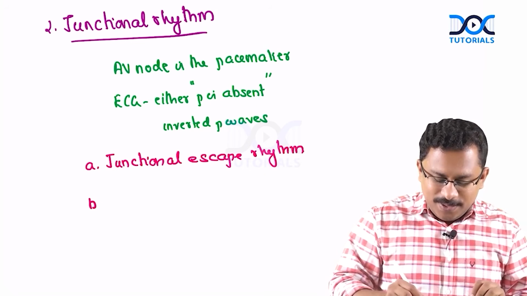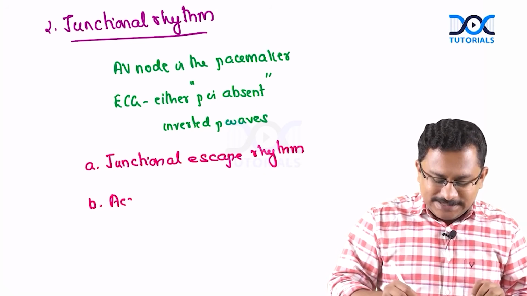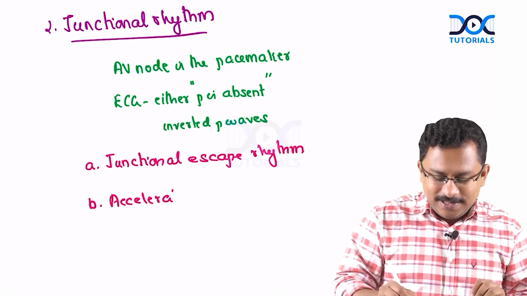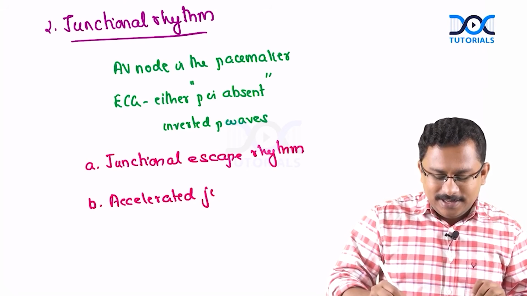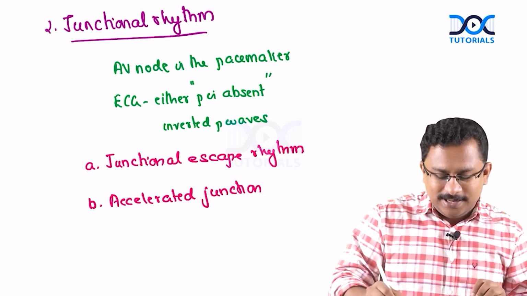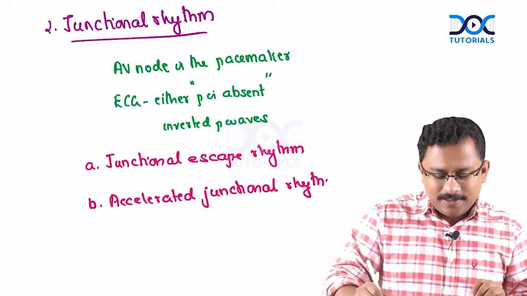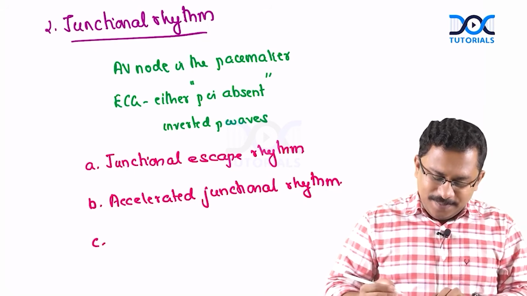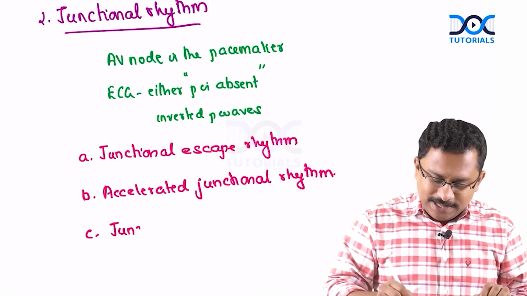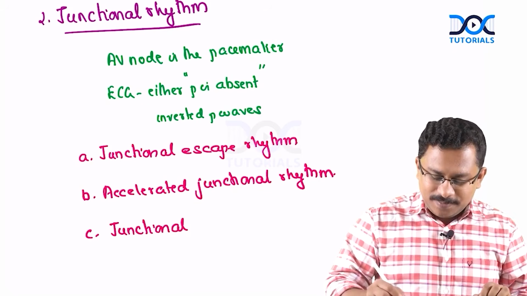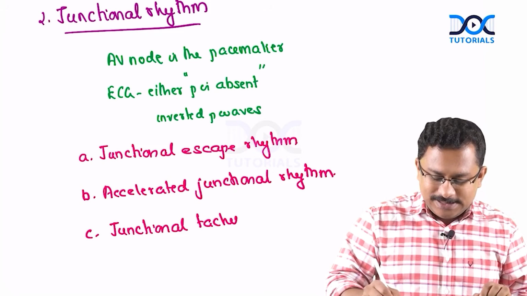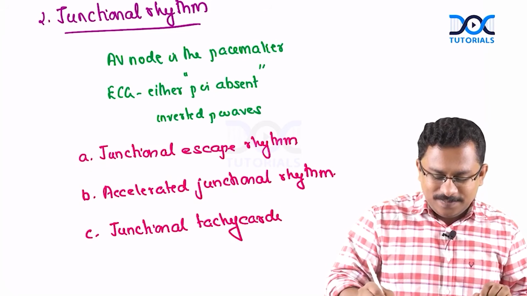Number two is an accelerated junctional rhythm, and number three is junctional tachycardia.